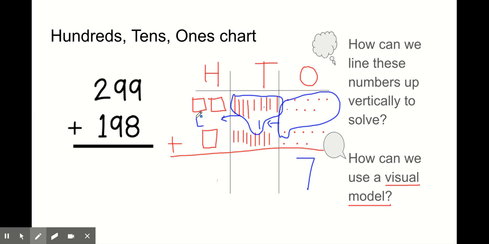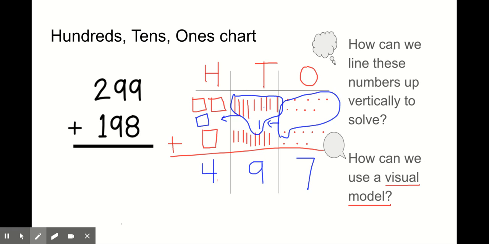So I move it over here. I still have some tens left. 1, 2, 3, 4, 5, 6, 7, 8, 9. 9 tens. And now how many hundreds do I have? I have 4 hundreds. No need to regroup.